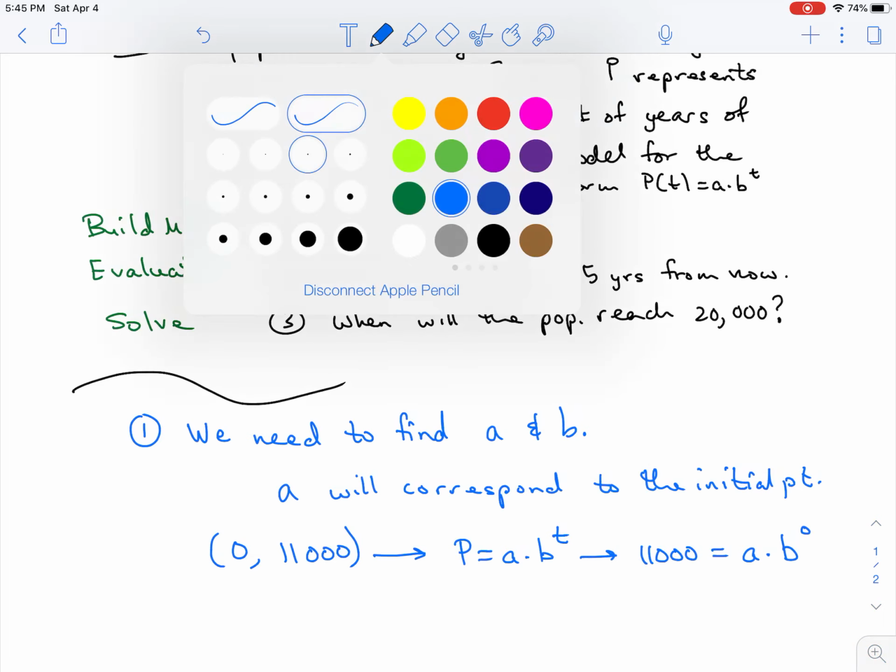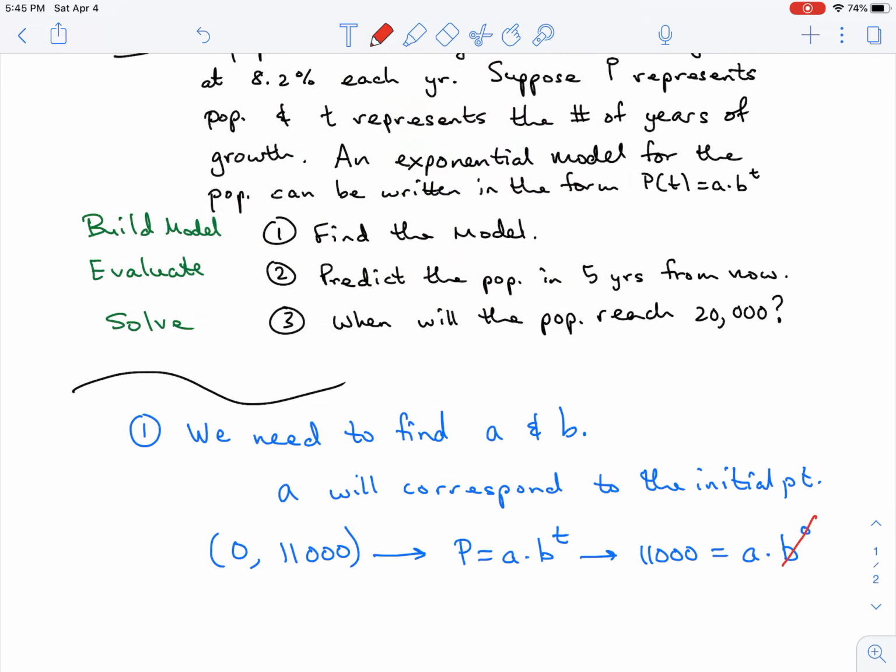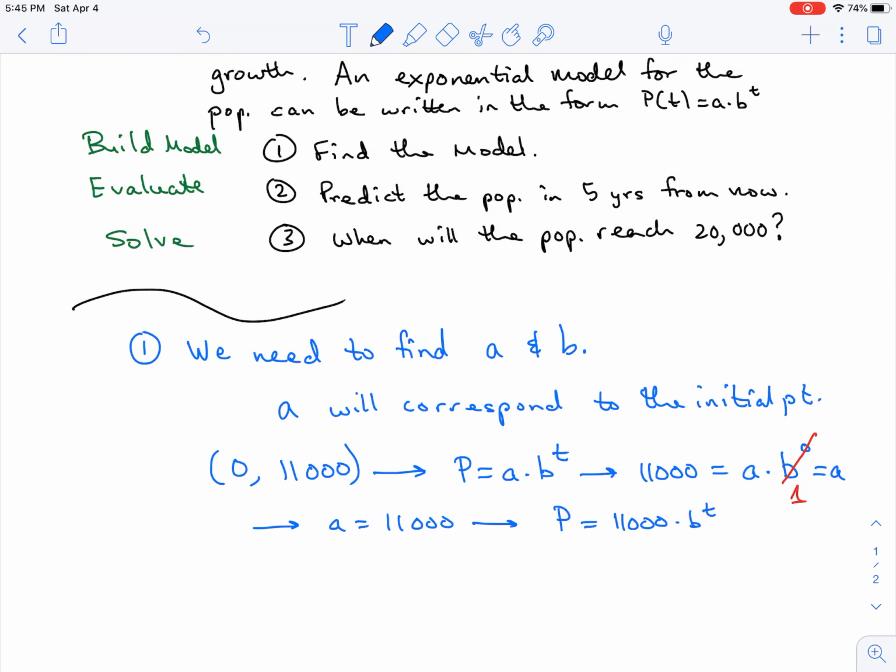And B to the 0 is 1, and A times 1 is going to be A. And so this equals A, telling us that A is equal to 11,000. And so our model is P equals 11,000 times B to the T. So that was to find A.